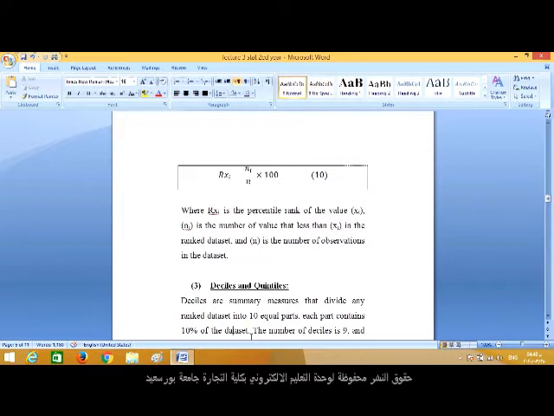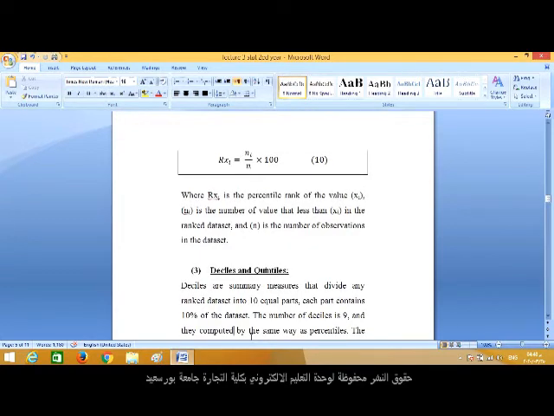Each part contains 10% of the data set, and the number of deciles is 9, and they are computed the same way as percentiles. So here the deciles and quintiles are computed the same way we compute percentiles.